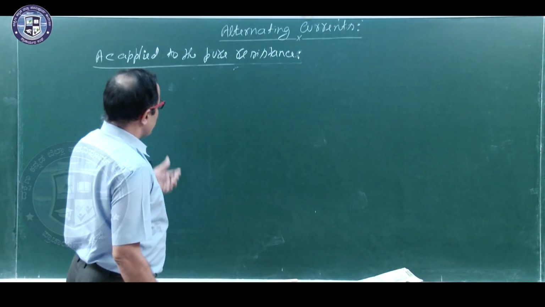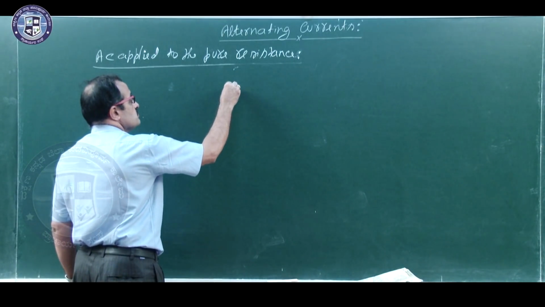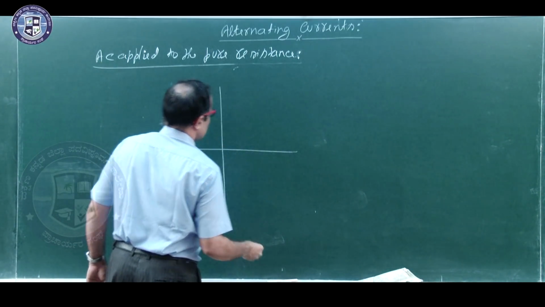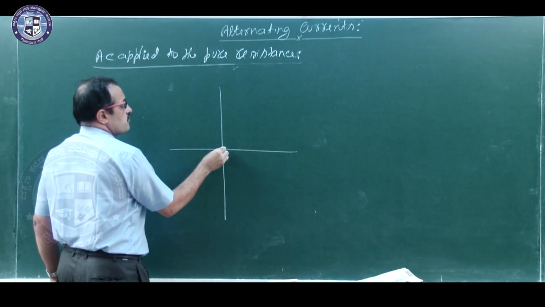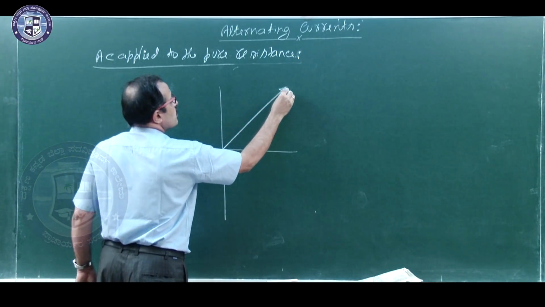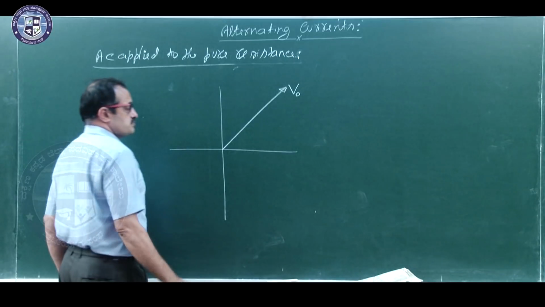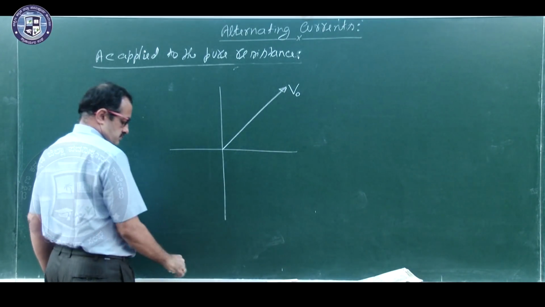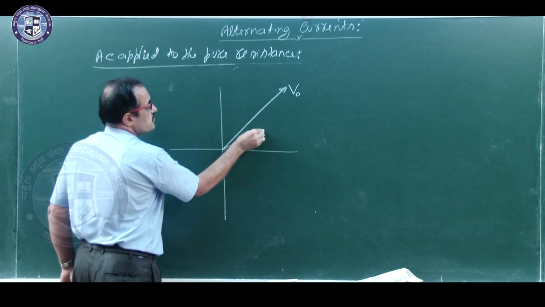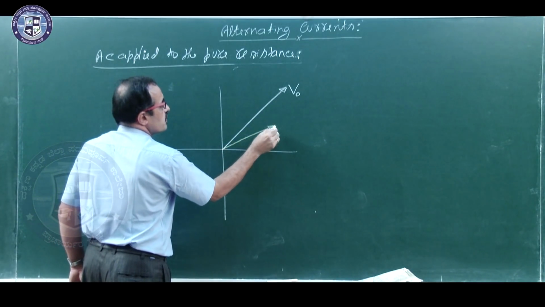Then how to explain? So, let us say this is voltage V naught, and current is like this. They have different phase angles.